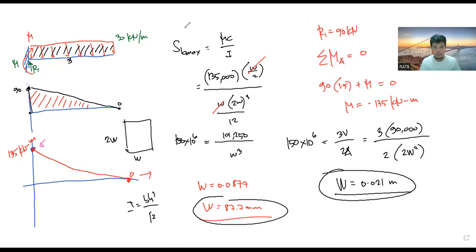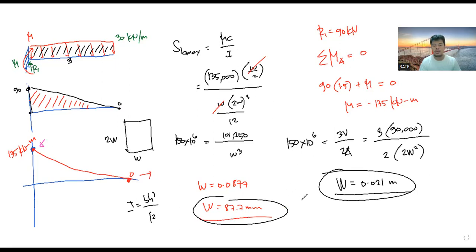So just go over the calculations again, and try to look at if we have some miscalculations in the process. But the process would be this way.